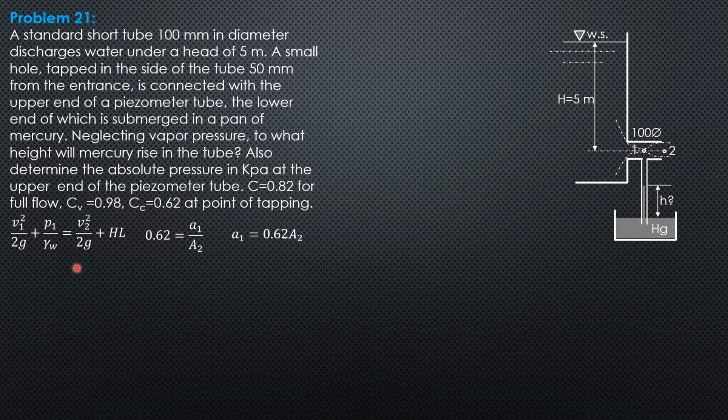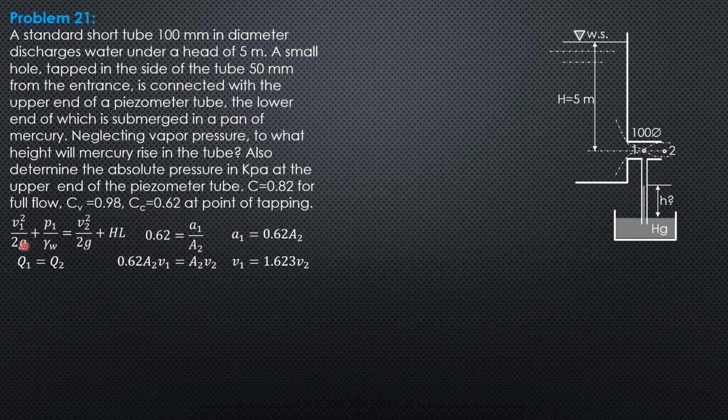Since by the continuity equation Q1 equals Q2, and Q1 is area 1, 0.62 of area 2, times V1, and Q2 is area 2 times V sub 2, we can cancel area 2. So that means V1 is 1 over 0.62 of V2, or 1.623 of V2.